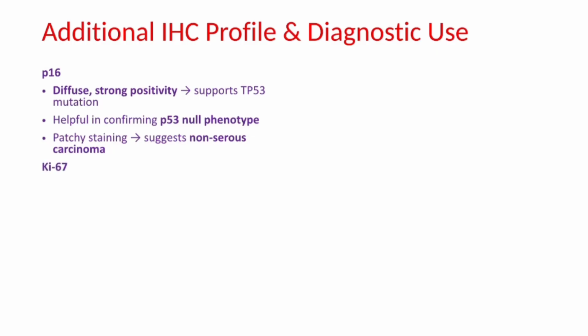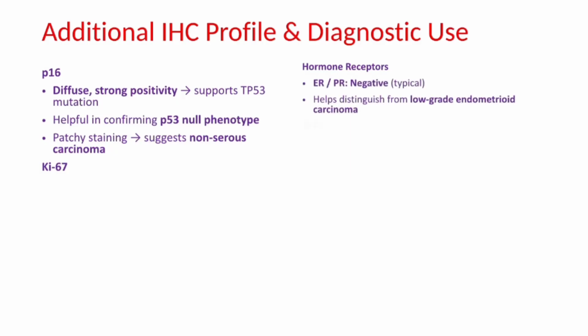And Ki67 is important, where you can identify mitotic figures, and we can judge the proliferative index with this Ki67.